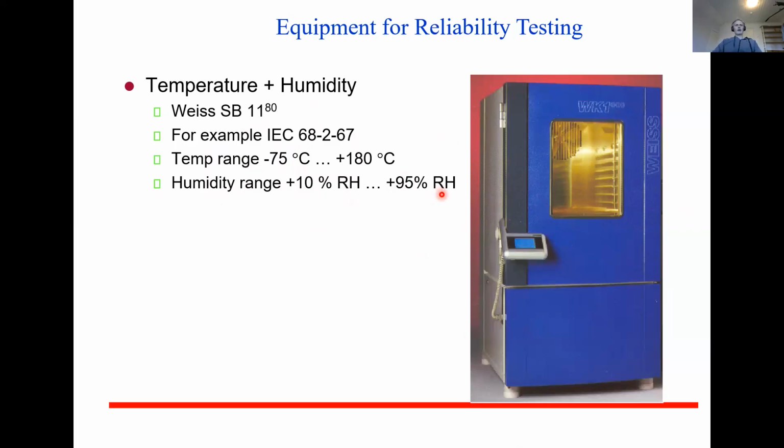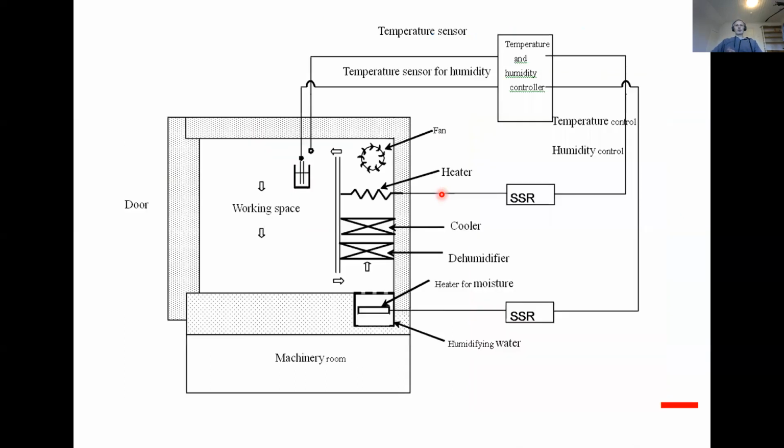So of course, the purpose of this course is not to go into the details of the equipment themselves, but just to show you the basic principle of how you make this kind of conditions. So basically, you have here, by the way, SSR means solid state relay, just a controlling unit.